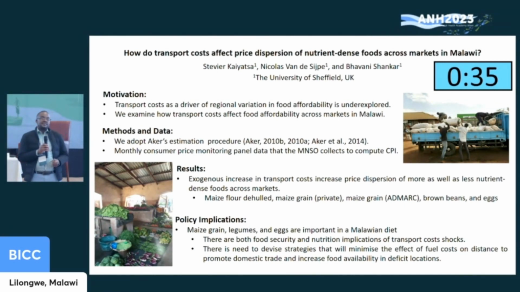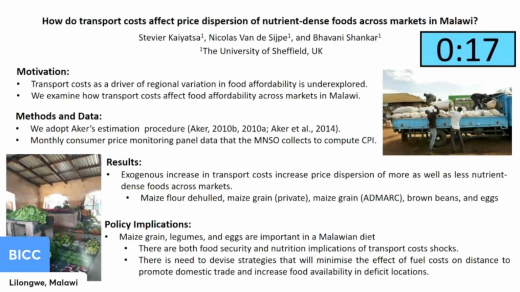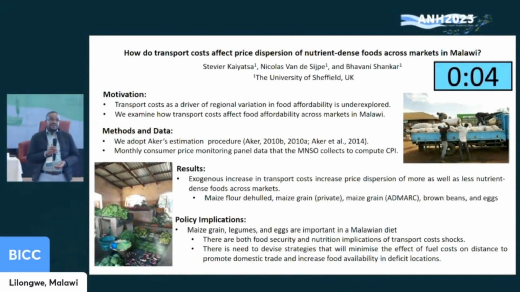We use existing data collected by the National Statistical Office to monitor consumer prices in Malawi and apply econometric procedures to examine systematically how changes in fuel prices affect food prices across markets. What we find is that the increase in transport costs reduces affordability of nutrient-dense and less nutrient-dense foods, including maize in Malawi, which means that there are implications for both food security and nutrition. Therefore, there is a need for promotion of policies.